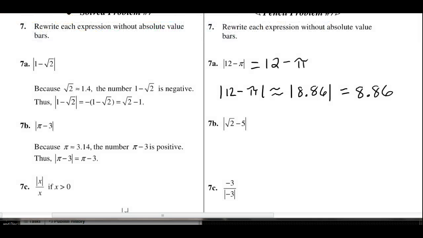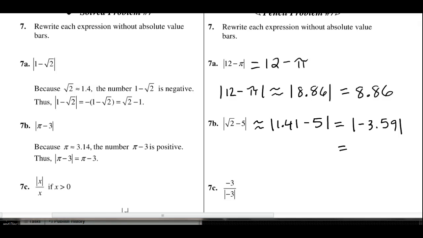Okay, so if we want to do the approximation, this would be approximately equal to absolute value of 1.41 minus 5. And that's going to be equal to negative 3.59. And then what does absolute value do? It says, well, we just want to take the positive version of that value.